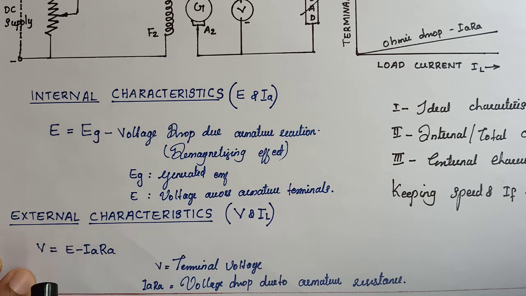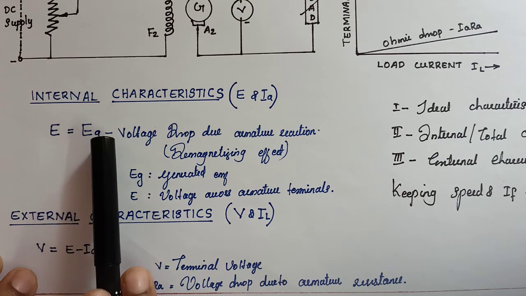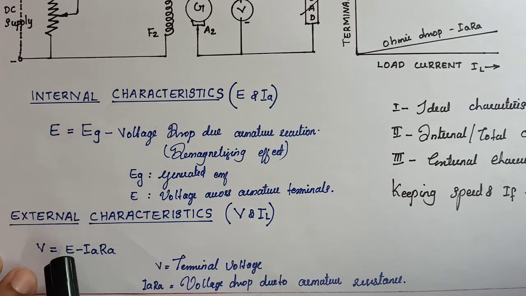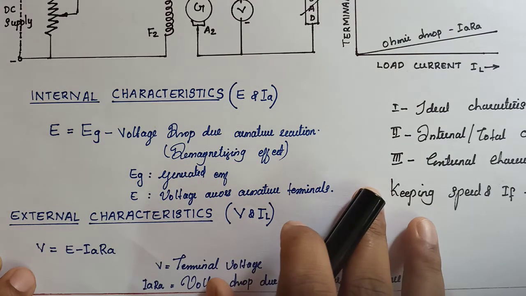So we can say that in external characteristics the terminal voltage includes both drops, the armature reaction drop and the armature resistance drop, so V will be less than the values of E and EG. Terminal voltage will always be less than EG due to these two voltage drops.